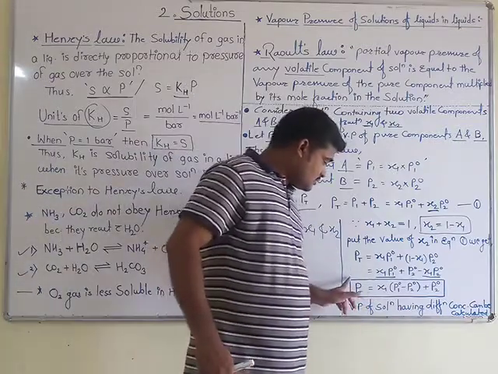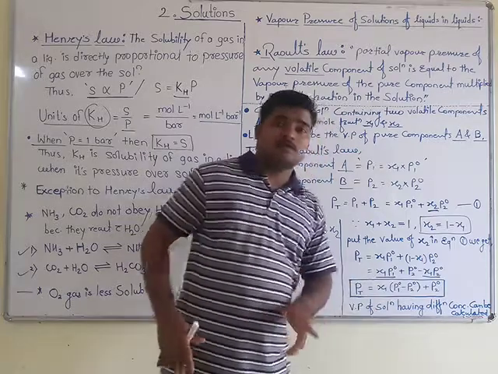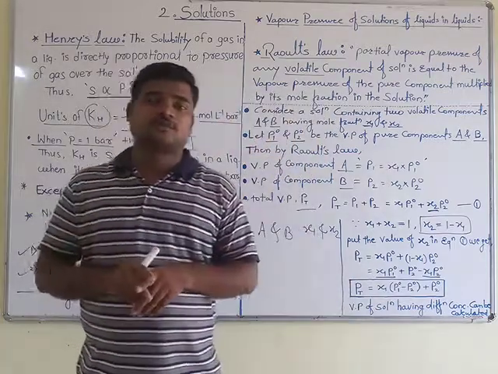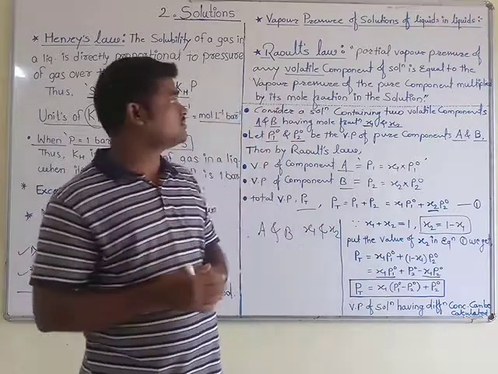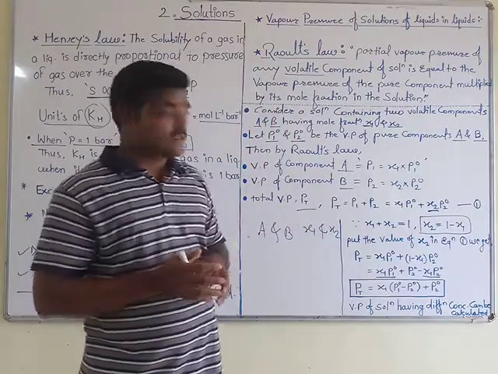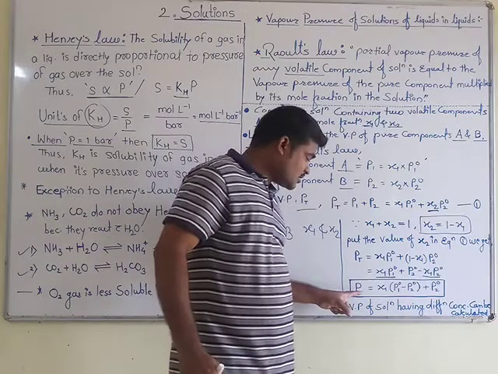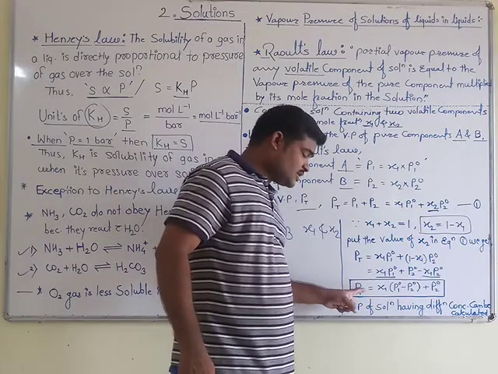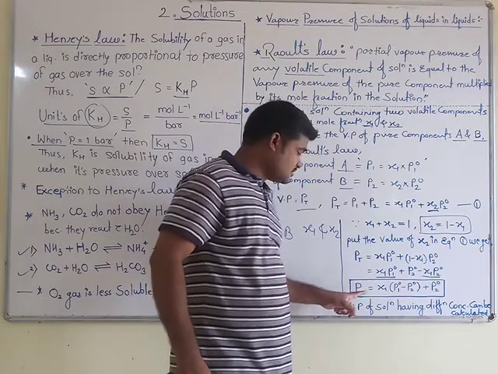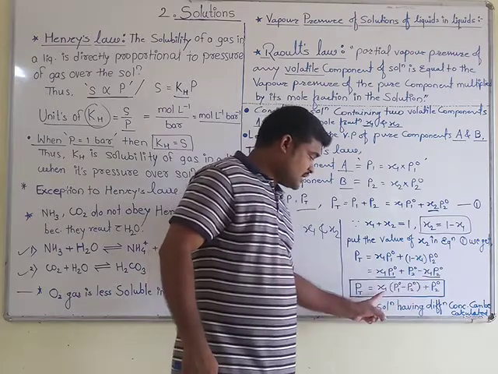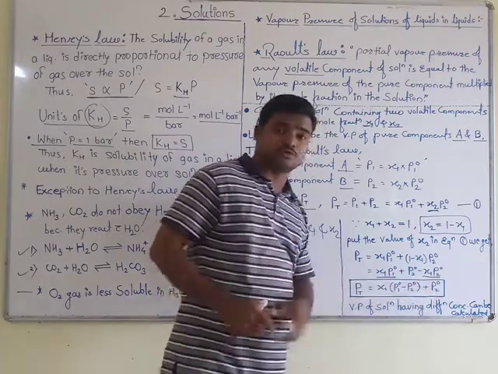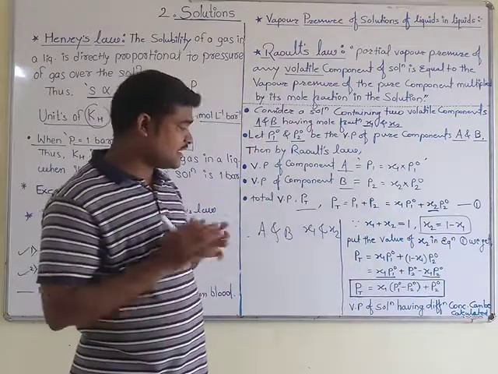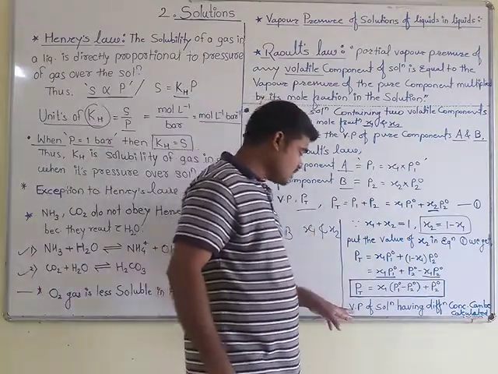I make a square bracket around this, because this equation is the final equation of Raoult's law: PT is equal to X1 (P10 minus P20) plus P20. So this is the final equation of Raoult's law.